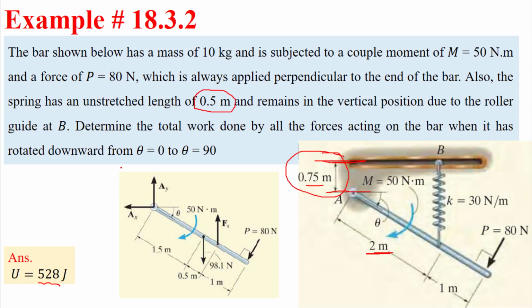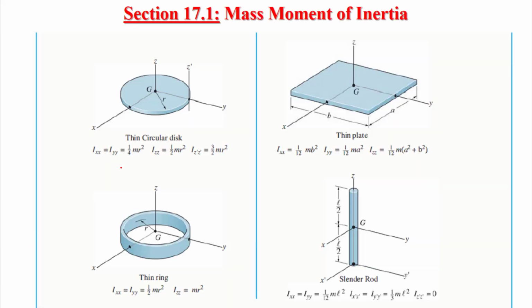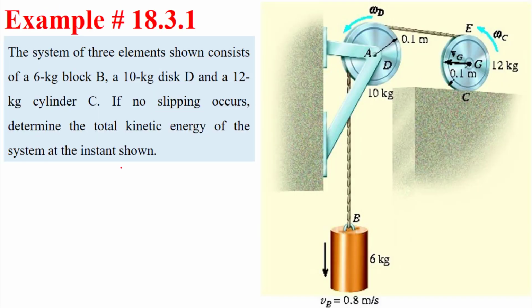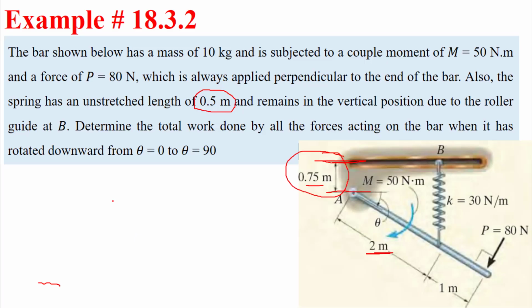Now in the previous example, we saw together how to find total kinetic energy. In this example, we saw how to find the work due to different sources.